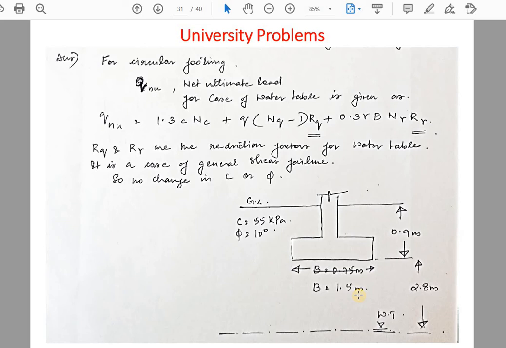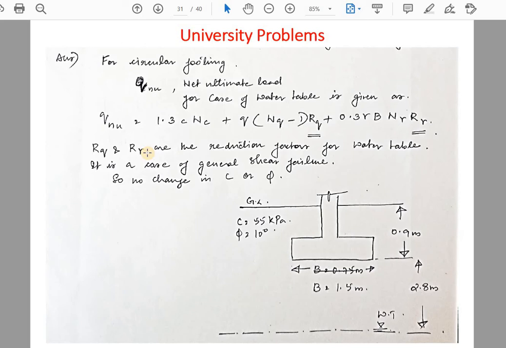So first of all, write the equation, that is for a circular footing, net ultimate bearing capacity is 1.3 cNc plus q into Nq minus 1 into rq plus 0.3 gamma B N gamma r gamma. And here rq and r gamma are the reduction factors for term 2 and term 3. And it is a case of a general shear failure, so you need not apply any change to the c and phi parameters.